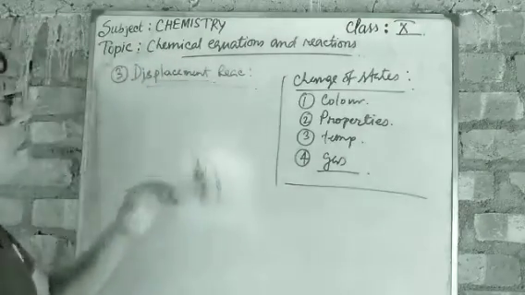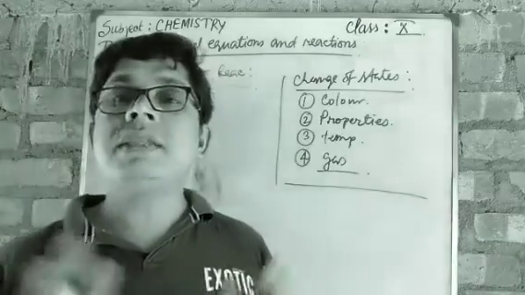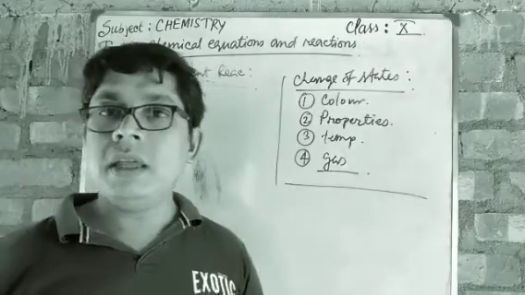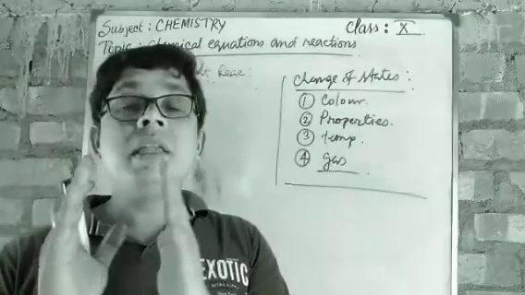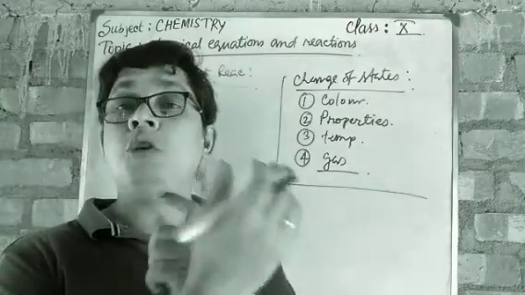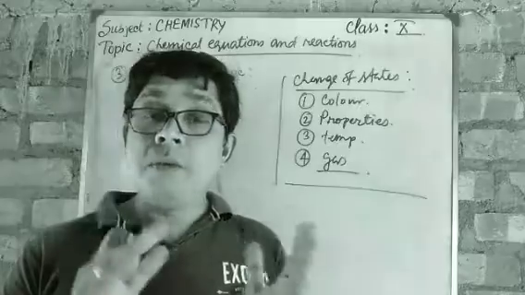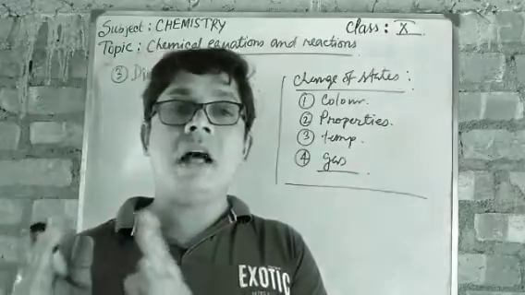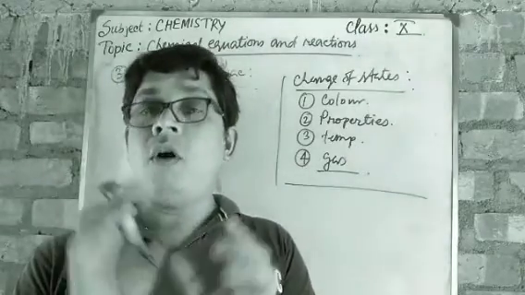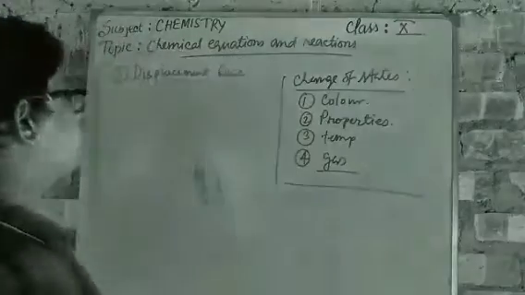And displacement means interchange of the place. You will get the place, but your place could be changed. When? After the reaction. Before the reaction you have one place, after the reaction your place may be changed. So let's go for it.